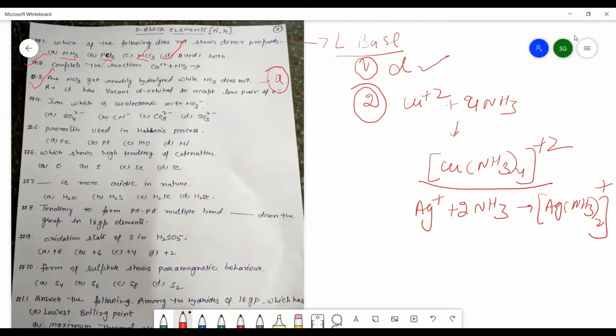Now question number 4 is, which ion is isoelectronic with NO3 minus. As you know, isoelectronic species are the species which have the same number of electrons. So you can calculate the number of electrons in NO3 minus. That is N with 1 minus charge, so 1 electron can be added. So 7 electrons for the nitrogen and in O3, 24 electrons because 1 oxygen contains 8 electrons, plus 1.